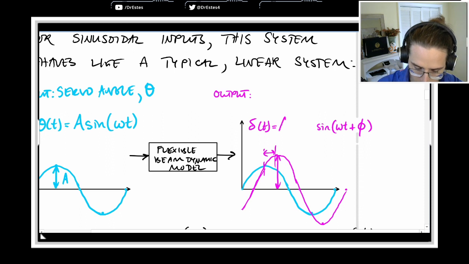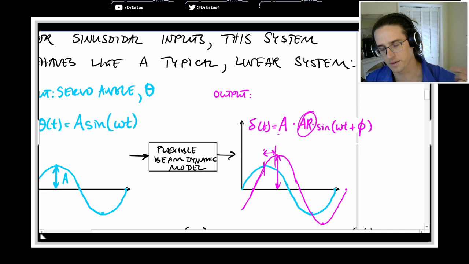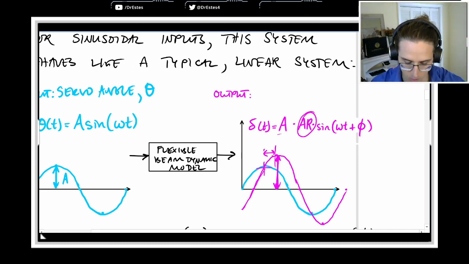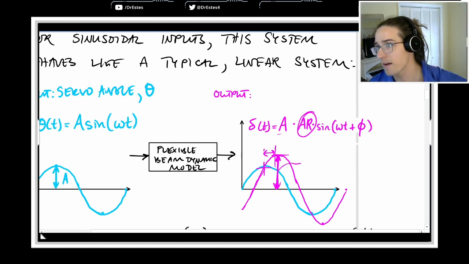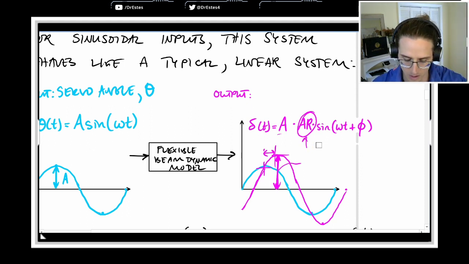So the way we describe that is we have the original amplitude A times an amplitude ratio. And this is how much the amplitude is either amplified, like in this case, it looks like maybe the amplitude of the pink signal is 1.5 times the blue signal, so maybe the number in here at this point is like 1.5.